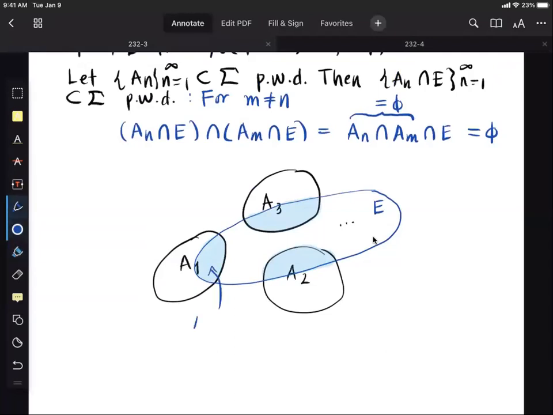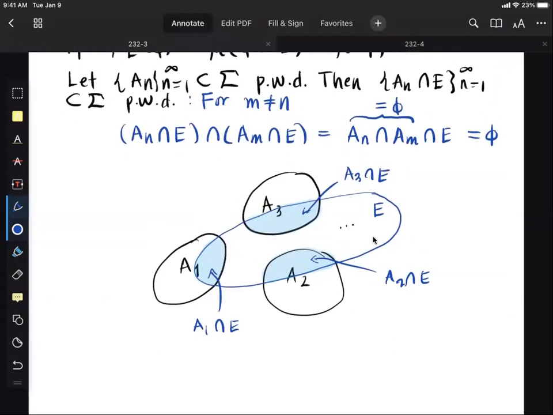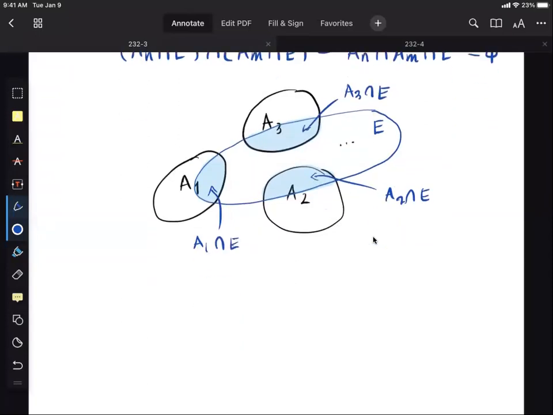So in this case, this is A1 intersection E, A2 intersection E, and then A3 intersection E. So the intersections with E are also pairwise disjoint. Okay, we've used this so that we can apply the sigma additivity of the measure mu.